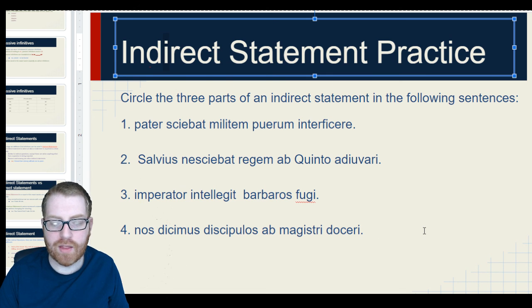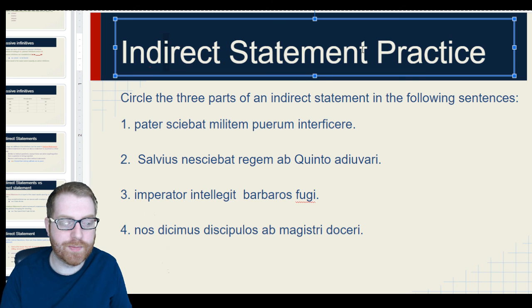So I want you to find me the verb of the head, the accusative that is the subject of the statement, and the infinitive for each one of these. All right, hopefully that won't be too bad. Again, catch me at office hours if you need any help on this. All right, till next time.